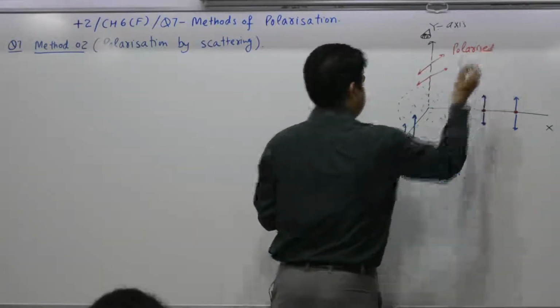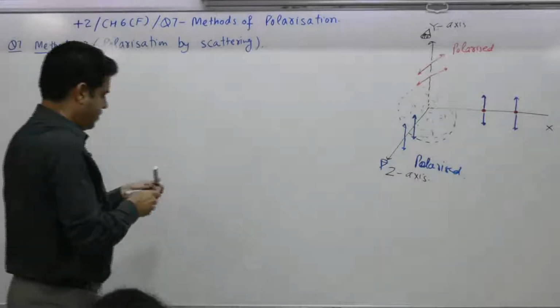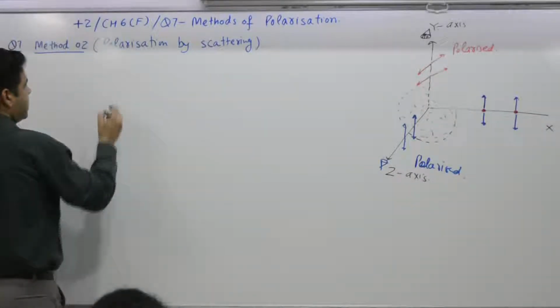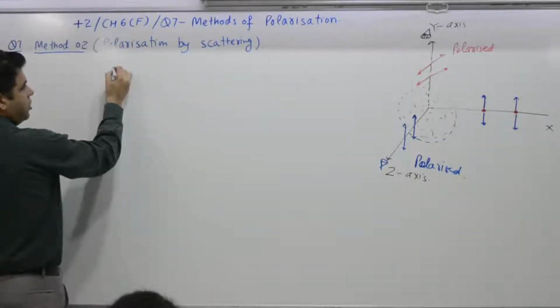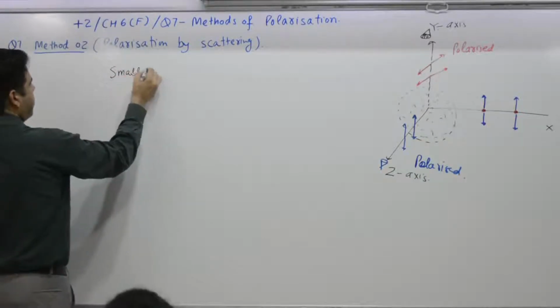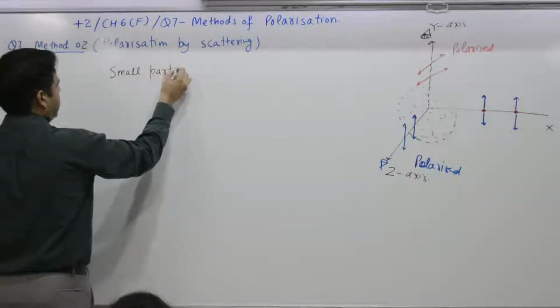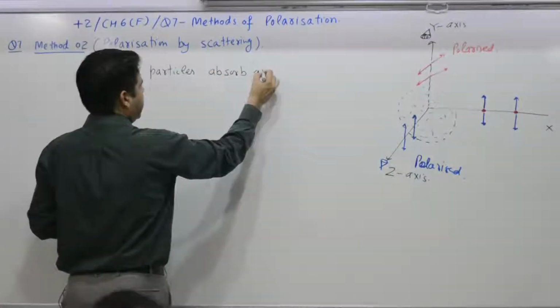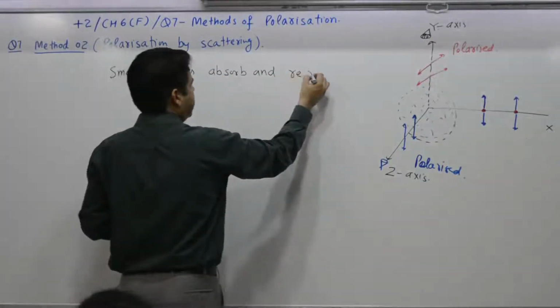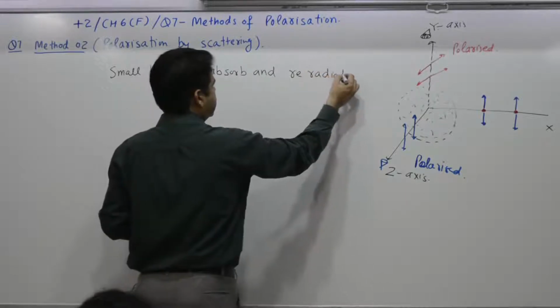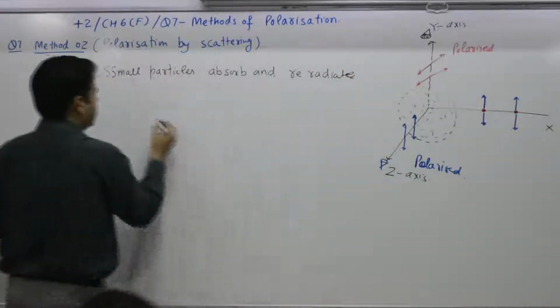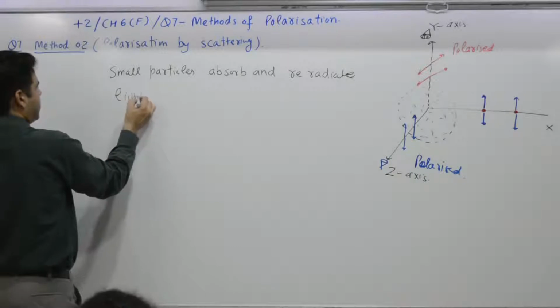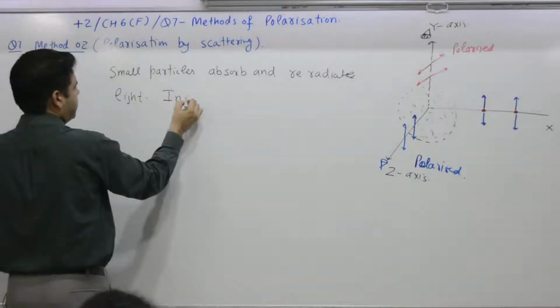So, the phenomenon for scattering is that small particles absorb and re-radiate light. Incident light is of what type?